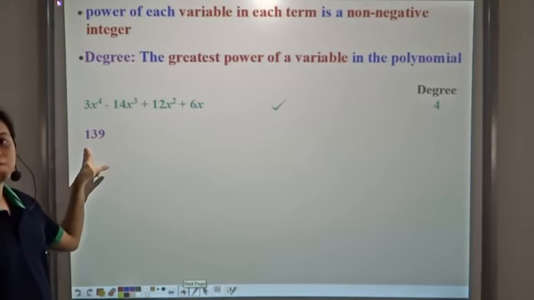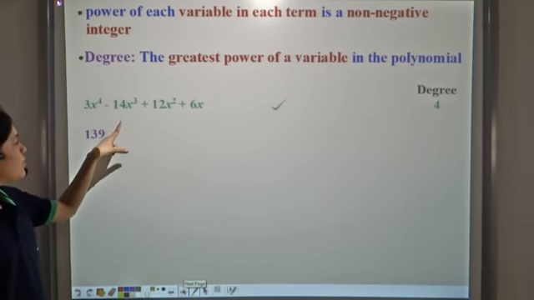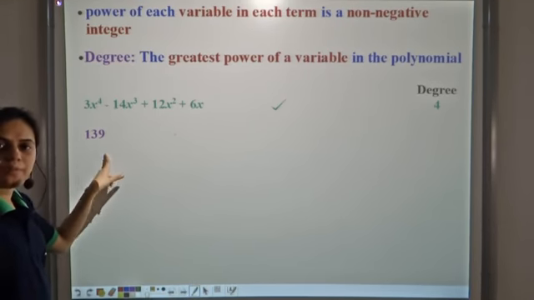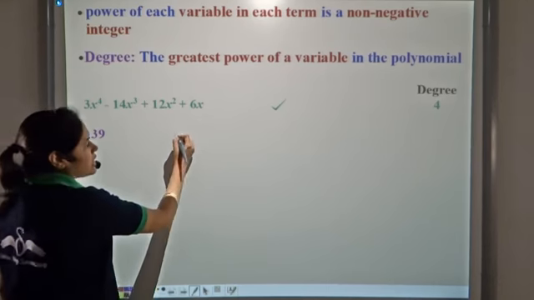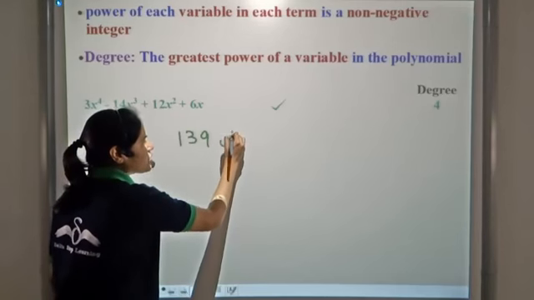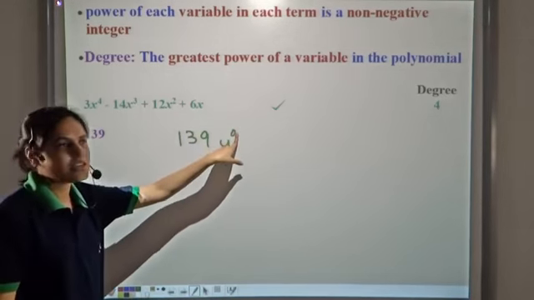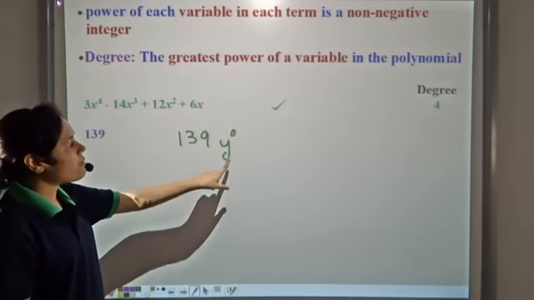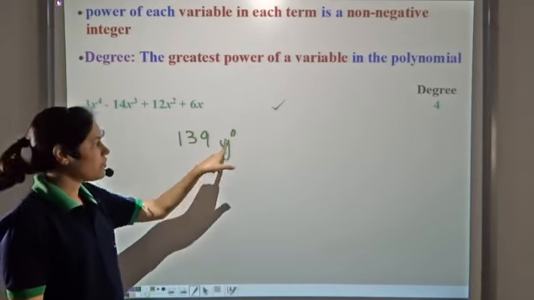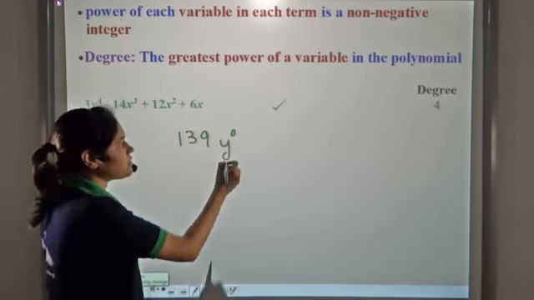Now let us consider this expression, 139. We see that there is no variable here. Consider this expression, 139 into y to the power 0. Now what is the power of the variable in each term? There is only one term and the power of the variable in that term is 0.